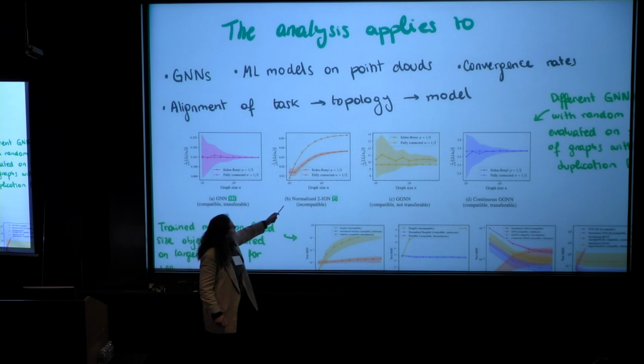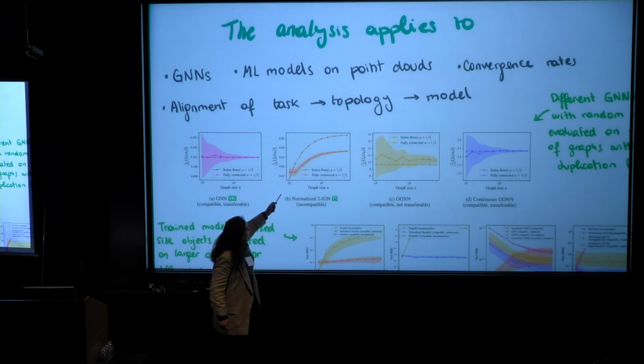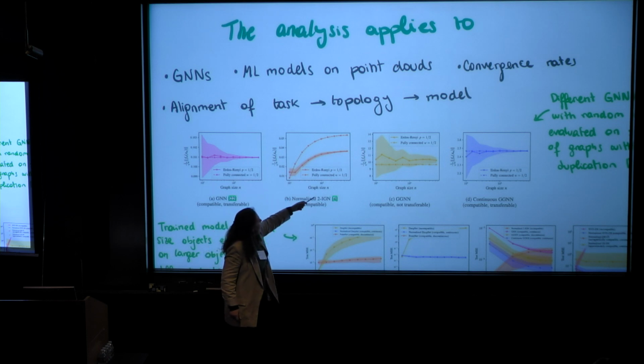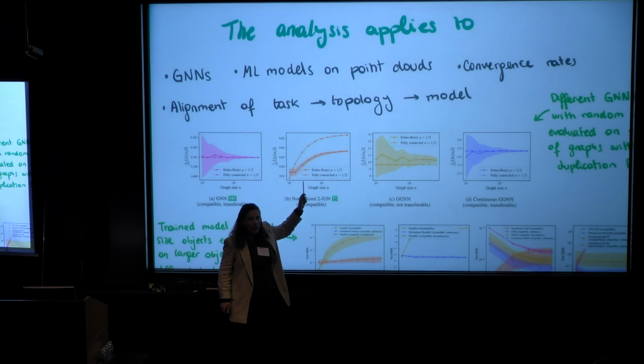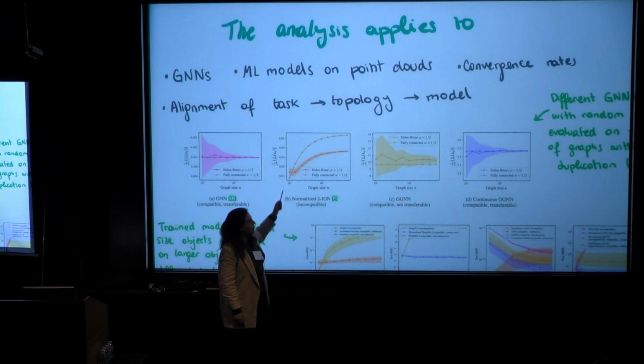In this example, this normalized GNN is not compatible. If you look at what happens with the graph size going to infinity, you see that the model in the limit doesn't match the model on graphs with different numbers of nodes. So this is different because it's not compatible.